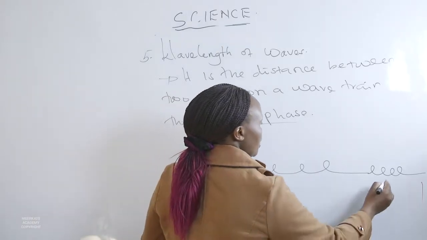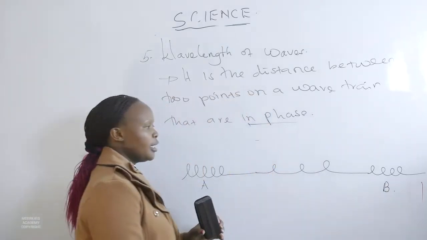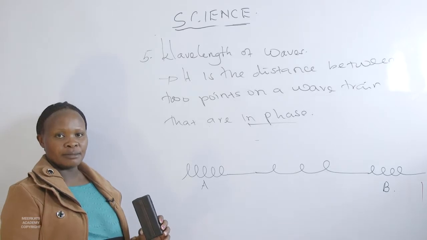We could consider a point A and another one B, both of which are at regions of compression.